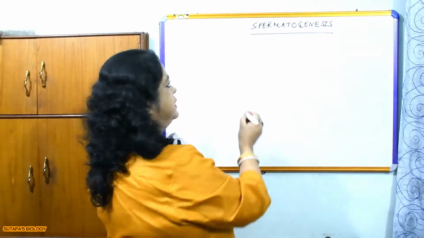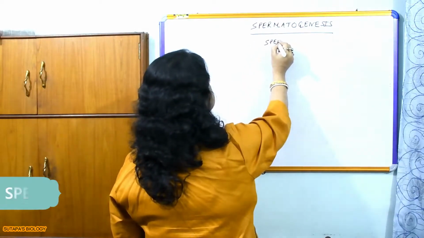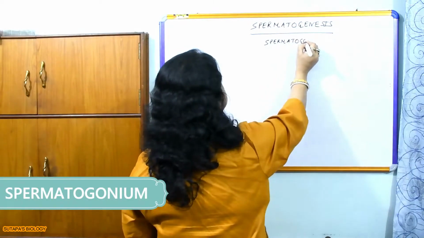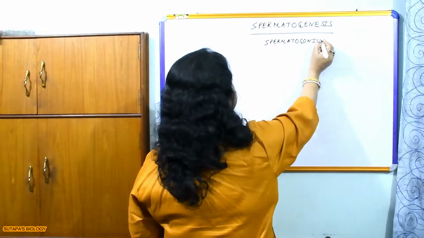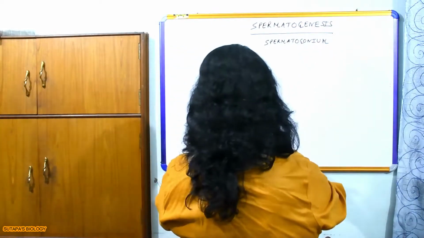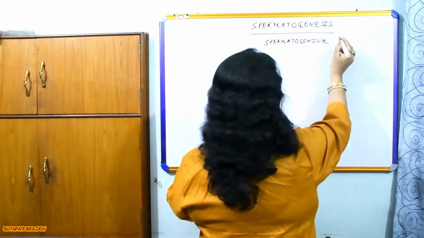So it starts from the germinal epithelium and the cell is known as spermatogonium. In some books you will get that this is the sperm mother cell. Spermatogonium, in other words, is also known as the sperm mother cell, and its chromosomal complement is 2n, that is 12.